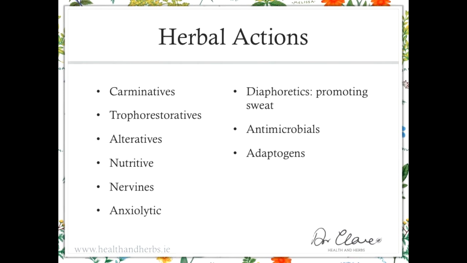Anxiolytic herbs are again pretty much as described. They have a relaxing effect on the brain chemicals in particular, but many of these brain chemicals are also expressed in the body tissues. There isn't a dividing line between the body and the tissues. A good example of that would be serotonin, which is acted upon by antidepressant drugs. But there are also different kinds of serotonin which are very active in the gut.